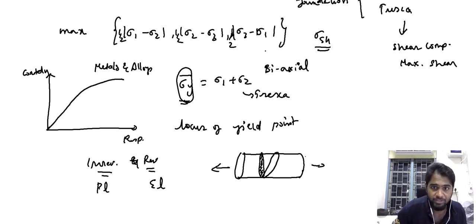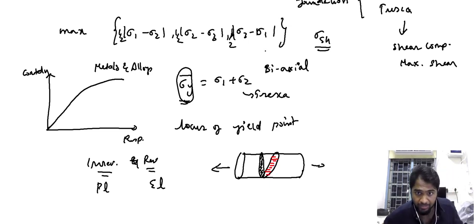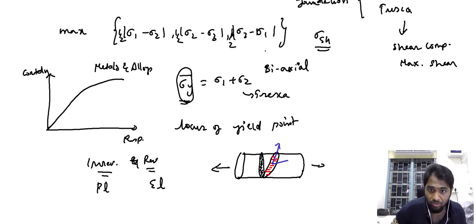The stress experienced by the black plane is much different from that experienced by the red plane. And moreover, even within the red plane, the stress along this direction will be different from the stress along this direction.